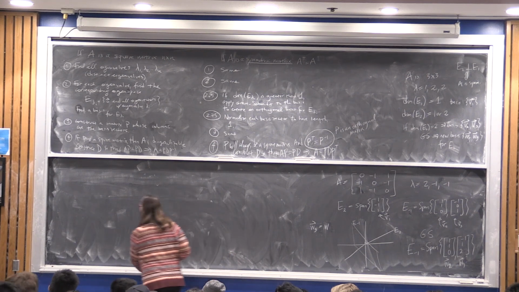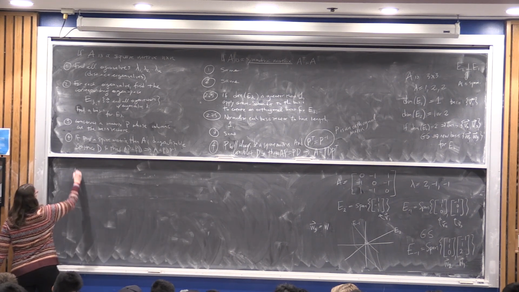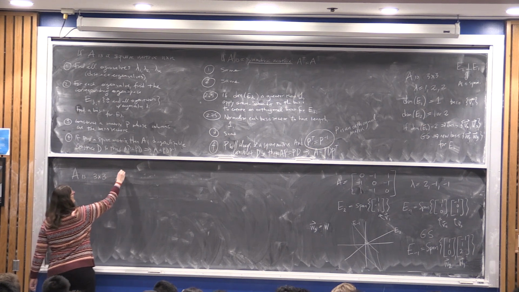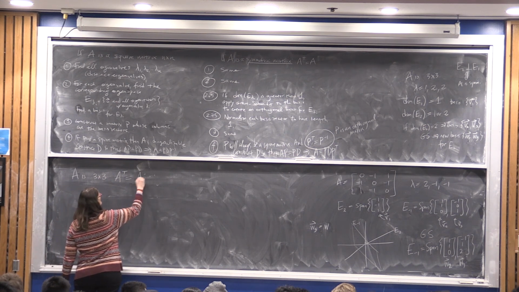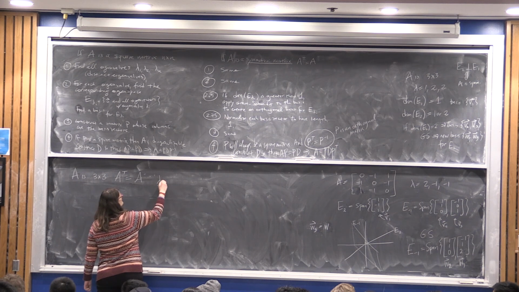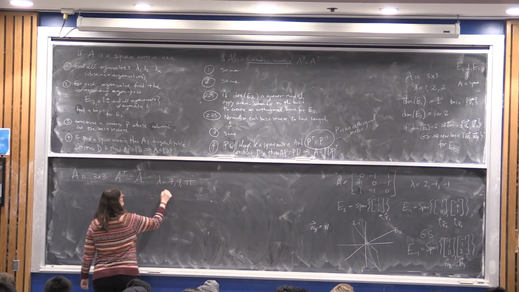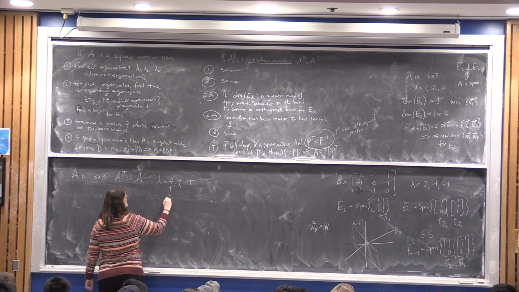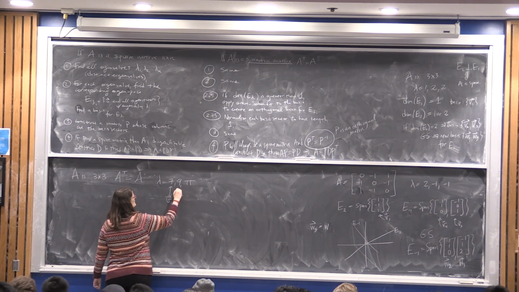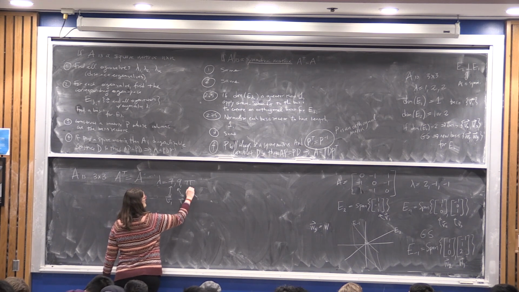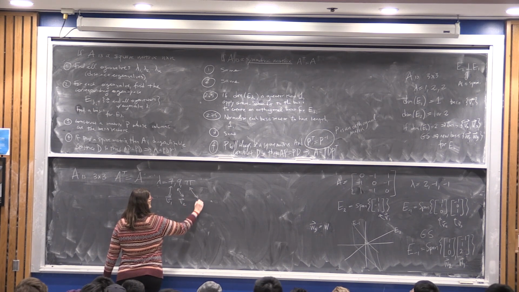So let me just be specific. So A is 3 by 3. A transpose equals A. And the eigenvalues are 7, 9, and pi. Here are eigenvectors V1, V2, and V3.